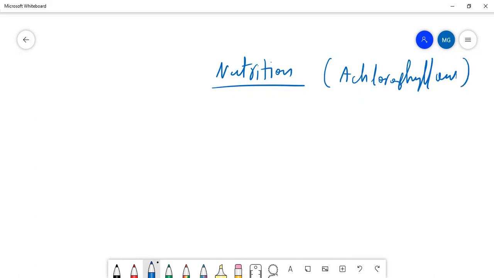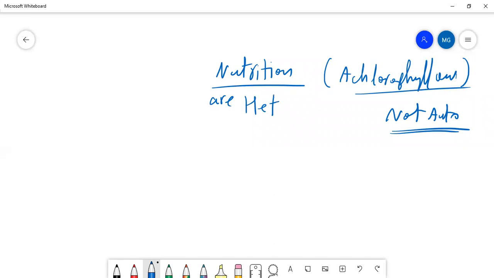That means because they cannot synthesize food, they are heterotrophic, not autotrophic. They are heterotrophic by nature. So fungi are heterotrophic.